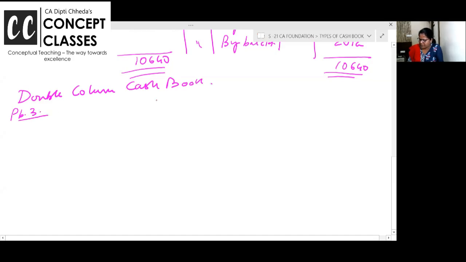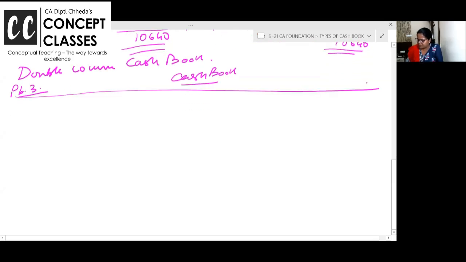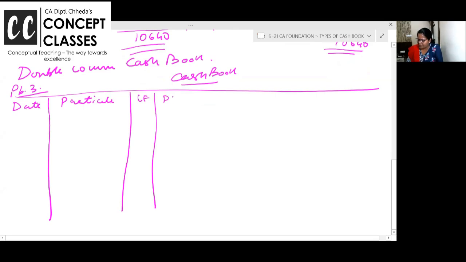Problem number 3. Heading: Cash book. Date, particulars, LF, discount allowed, and cash.